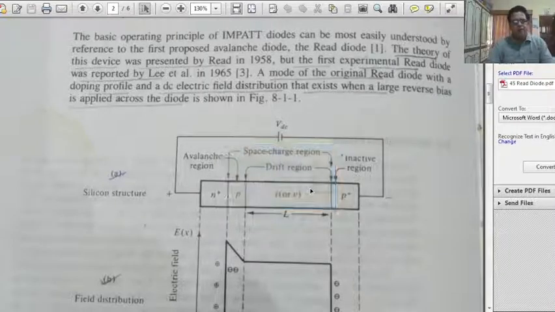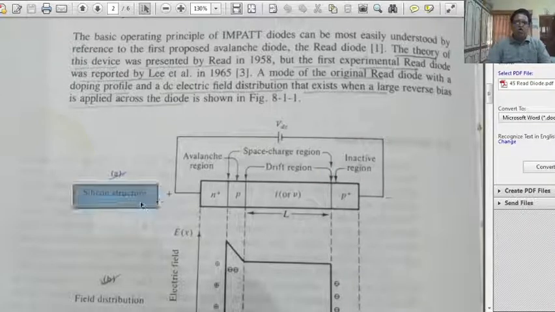So there are different regions which you must know: avalanche region, inactive region, drift region, and these are the space charge regions. These are the space charge region boundaries. So this is the structure where we used silicon as a material, so this structure is known as the silicon structure.